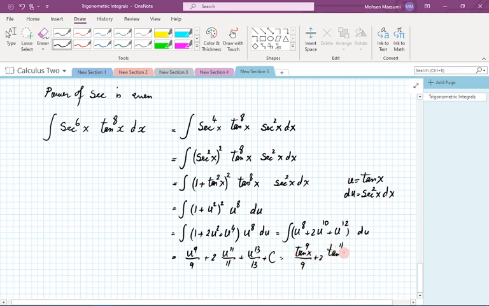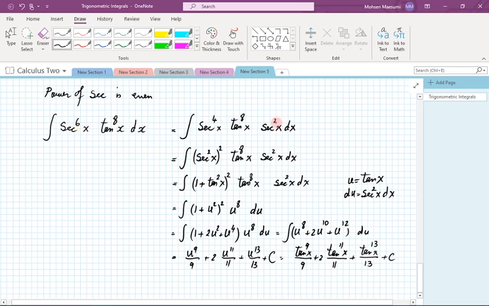So that wasn't bad at all, because everything was just right. The numbers worked with each other very nicely. The secret was that the secant power was even.